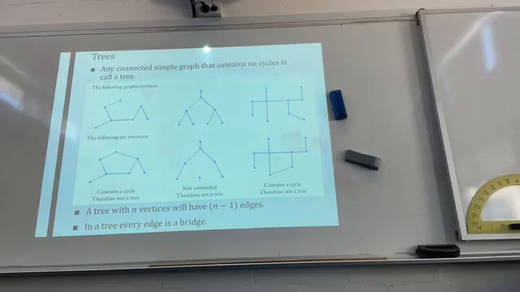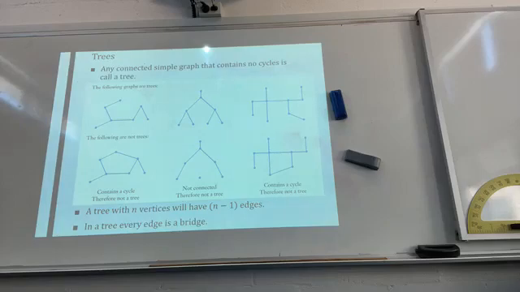The following 3 at the bottom are not trees. The first one has a cycle. The second one is not connected, therefore it's not a tree. The third one contains a cycle, therefore it's not a tree. Also, if it contains a loop, it's not a tree.